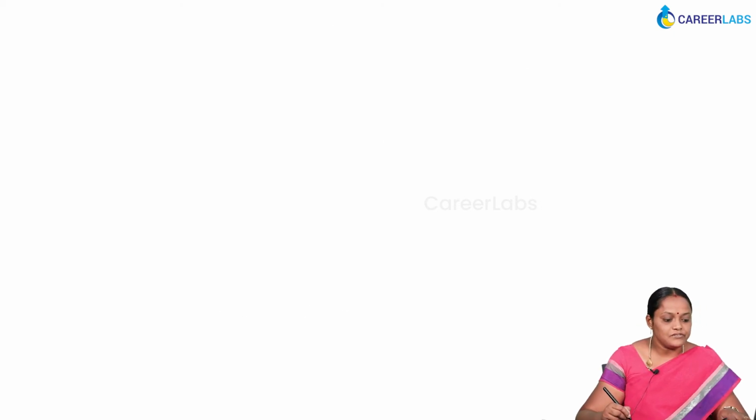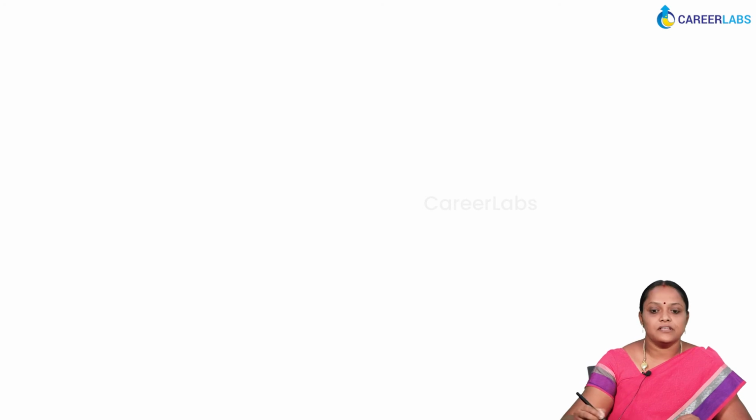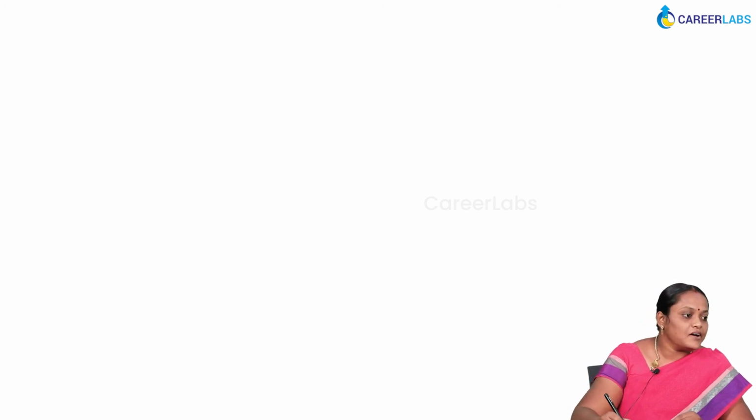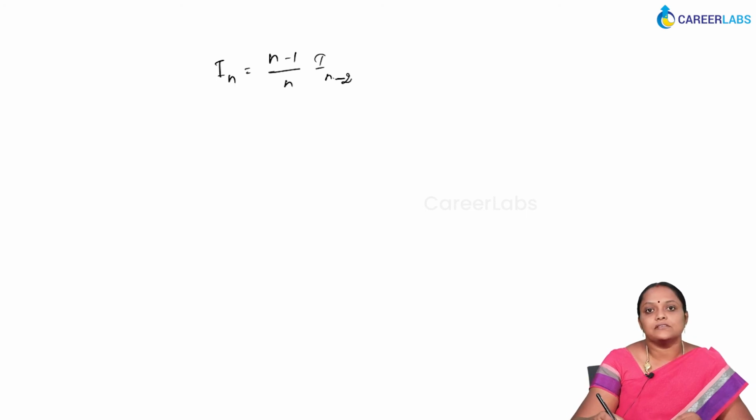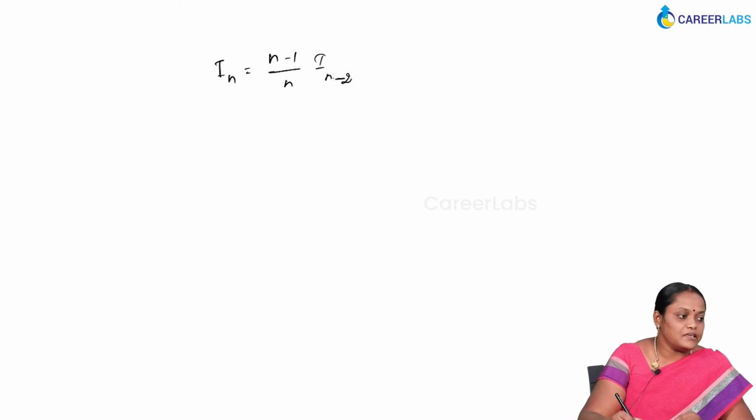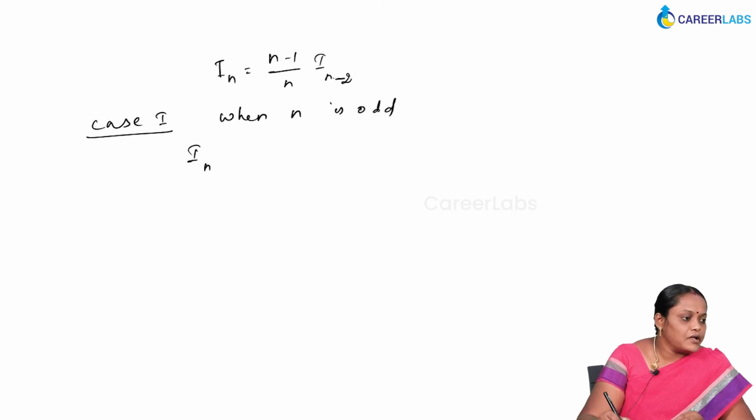So let us consider the first case. We have derived the reduction formula and arrived at I n is equal to n minus 1 by n I n minus 2. Now we are going to discuss two different cases: when n is odd and when n is even. First let us discuss case 1, when n is odd. Let us replace n with n minus 2.